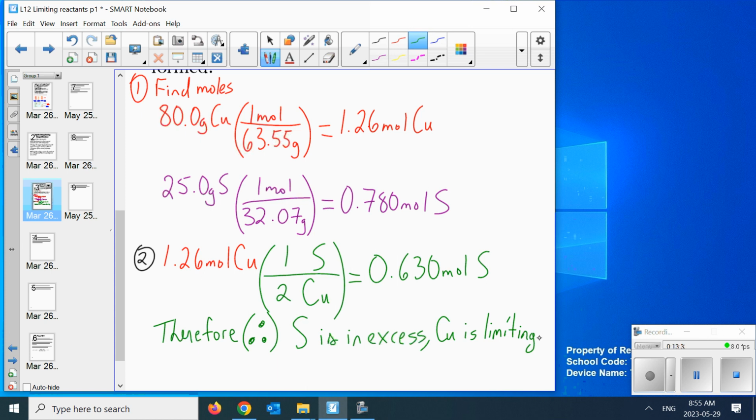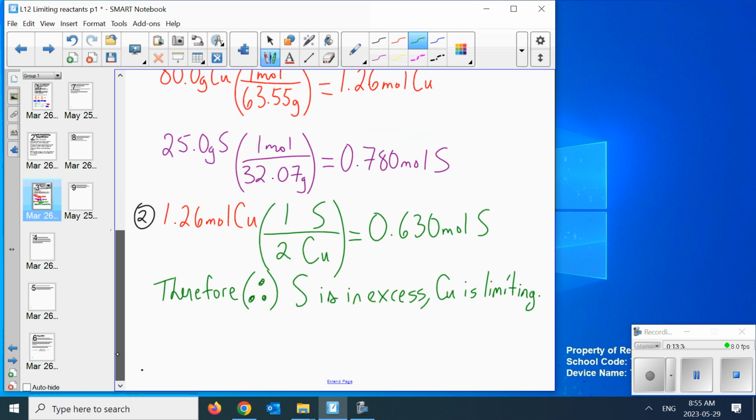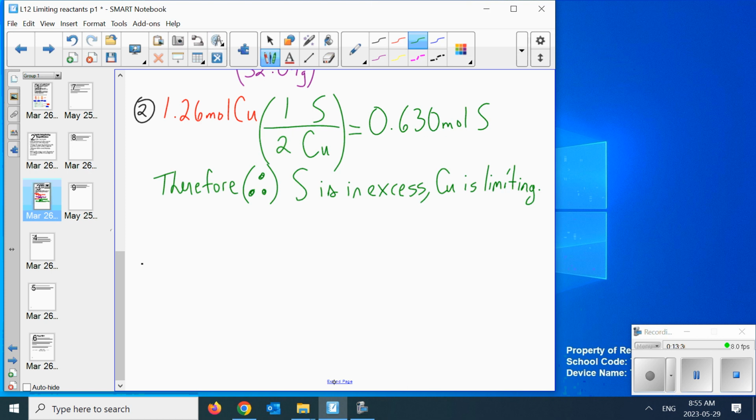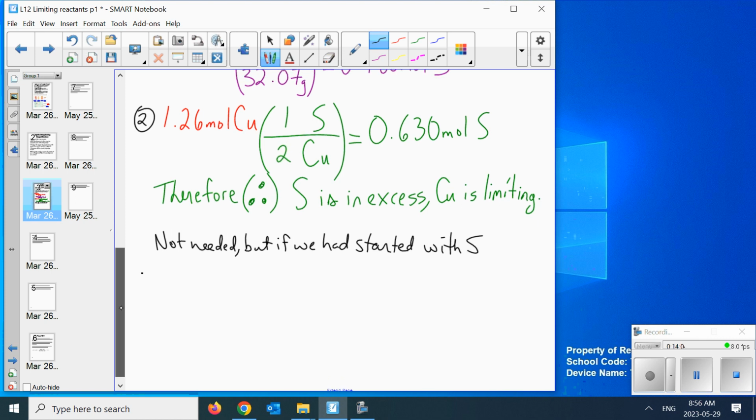I'm going to just do a little aside. It's not needed, but I'm going to show it this time more. How would we have figured this out?